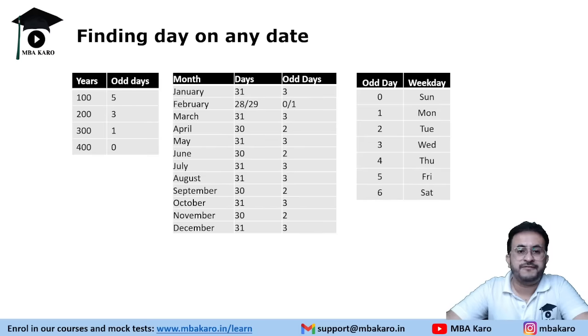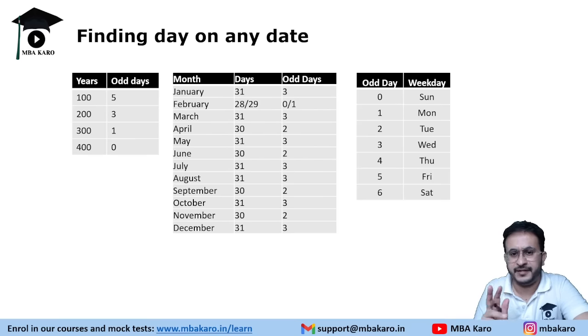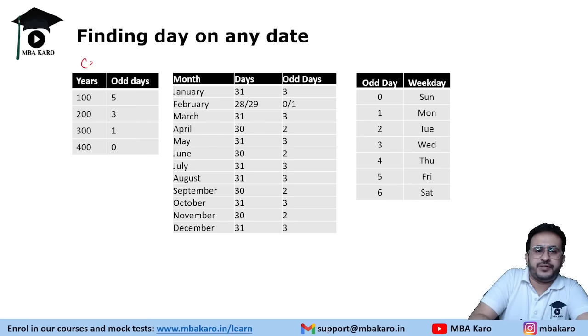Now comes finding the day on any date, right? That is considered the most difficult type. We will understand how to solve this question. In this case, we have to do 3 steps, right? First is century, year, and then month.